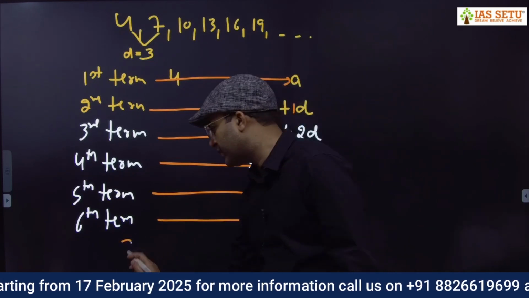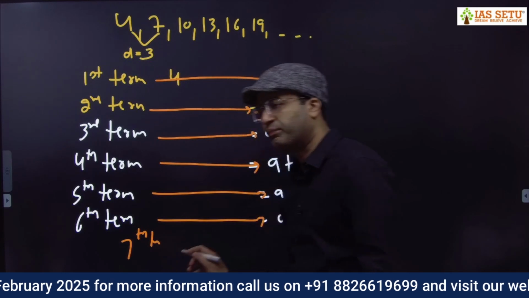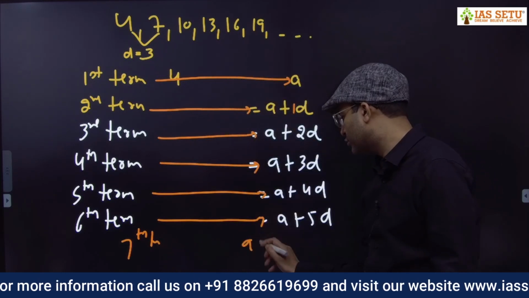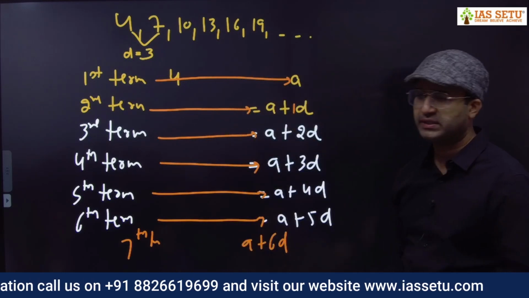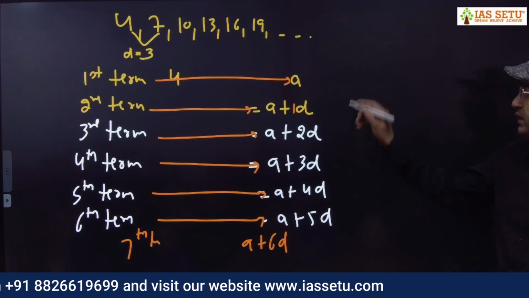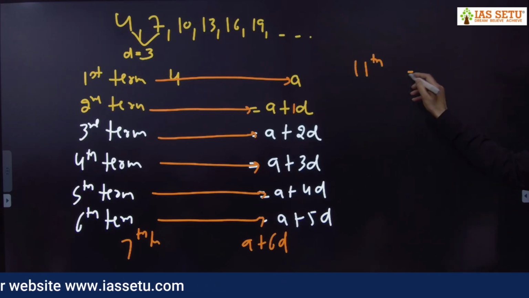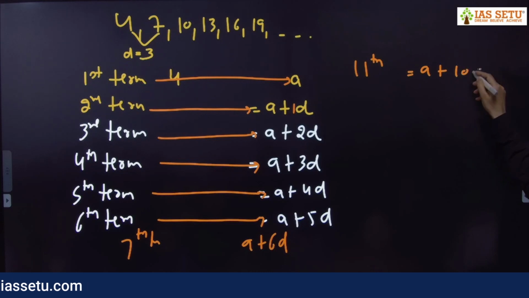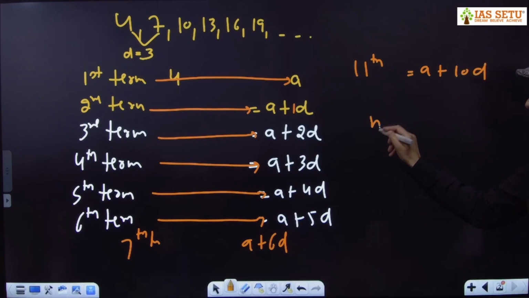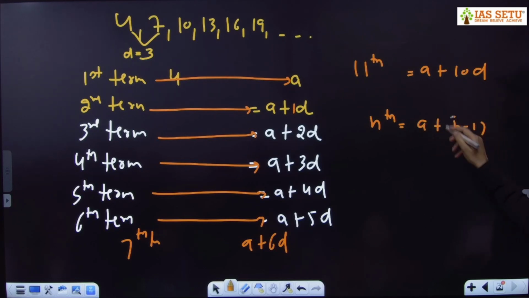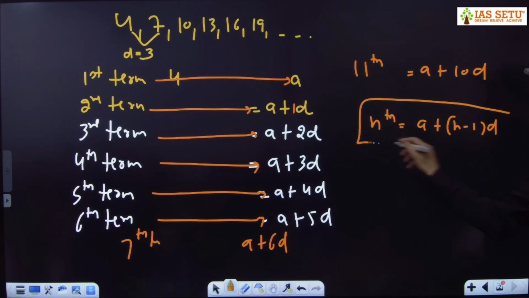Similarly, if I ask what the seventh term is, it is A plus 6D. And if we have to find the 11th term, it is A plus 10D. So our first formula in AP is the nth term: A plus n minus 1 into D.